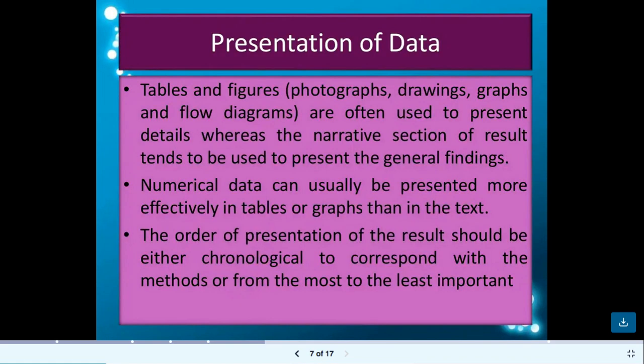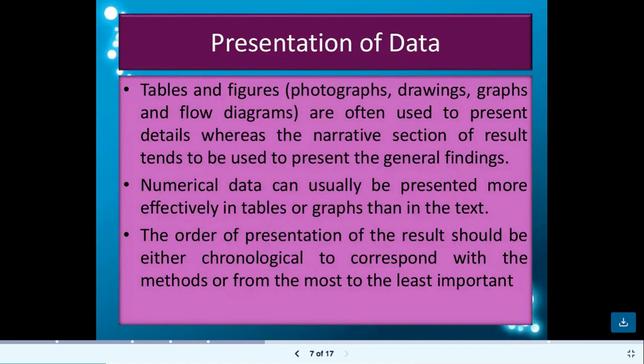Like we said, in result you have to present your data. The data consists of tables and figures. Photographs, drawings, graphs, and flow diagrams are often used to present details, whereas the narrative section of result tends to be used to present the general findings.